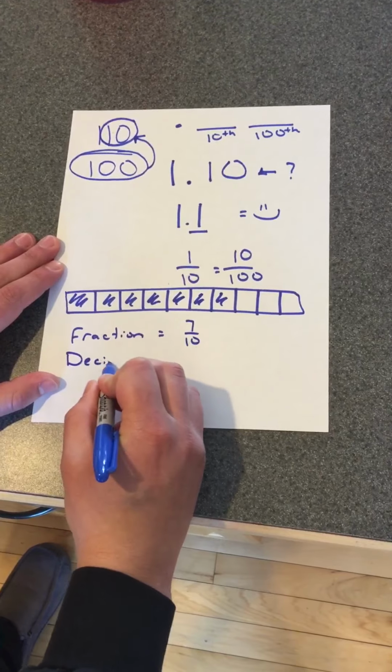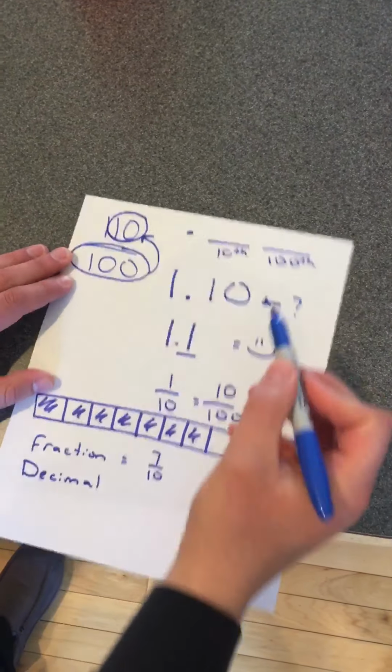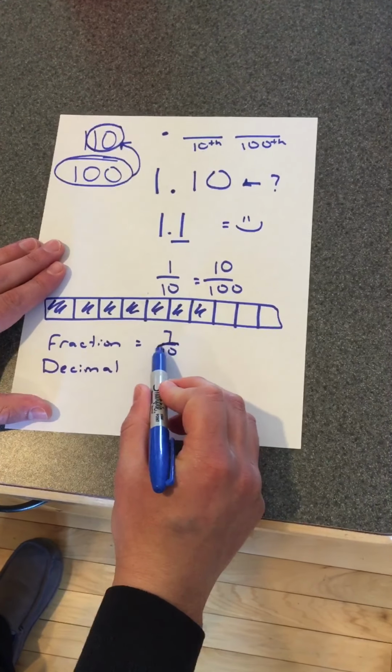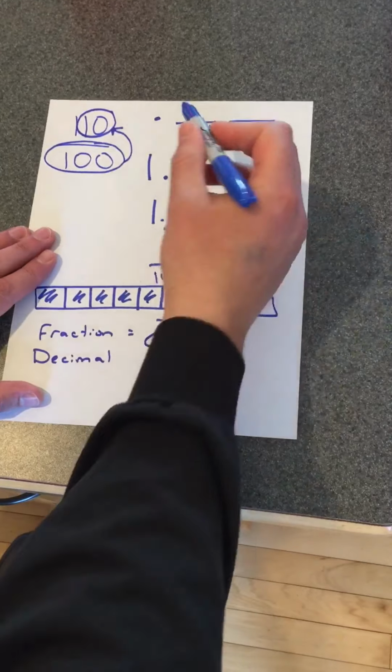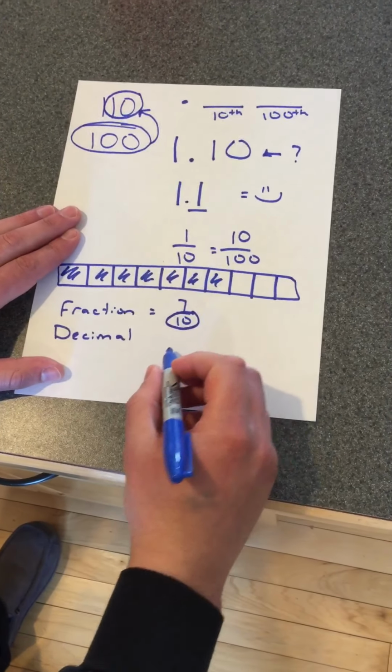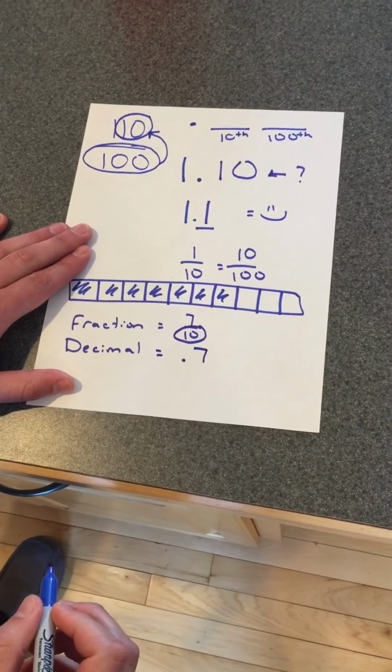Now, if I want to write this as a decimal, I have to think back to what I have right here. If my fraction is saying tenths, I know I'm going to write my decimal in the tenths place. 7/10 as a decimal will be written like this.